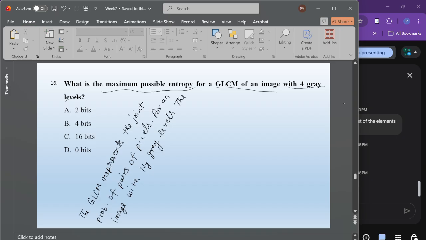So the GLCM will be an NG cross NG matrix.